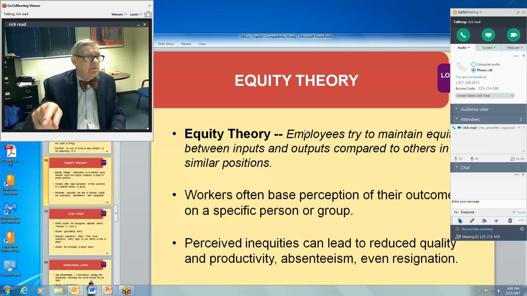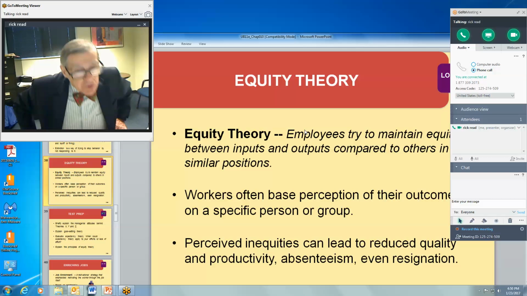Now, I use someone else and didn't use exactly what the slide says, because what happens here is Mr. or Miss Employee chooses a comparable other. I'm comparing my work to Sally Jones, or I'm comparing my work to Bob Smith, and that's my comparison other.